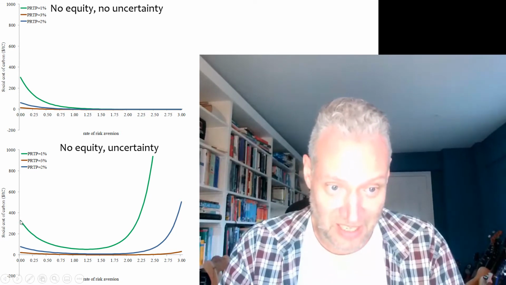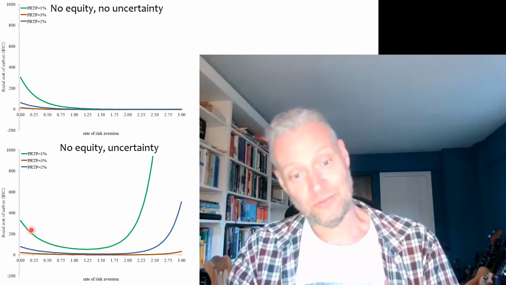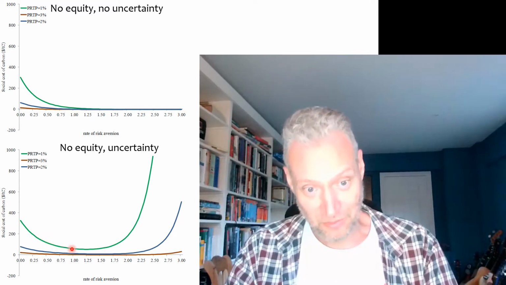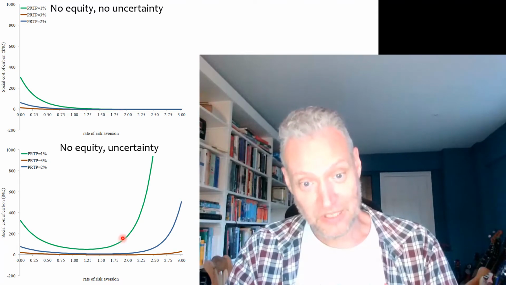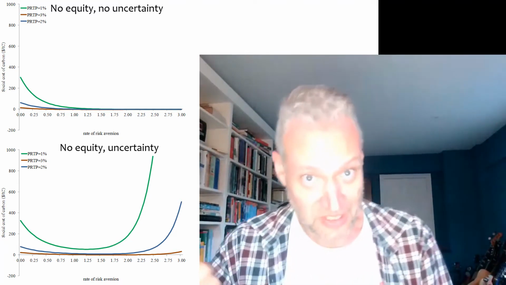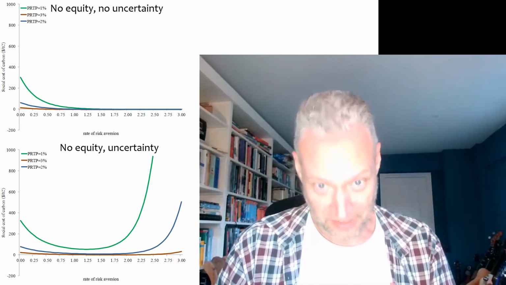So if we start at this point and increase the rate of risk aversion, we discount the future harder, and therefore the social cost of carbon falls. But then what happens here is that we put more and more emphasis on the risks, because that is what a high rate of risk aversion means.